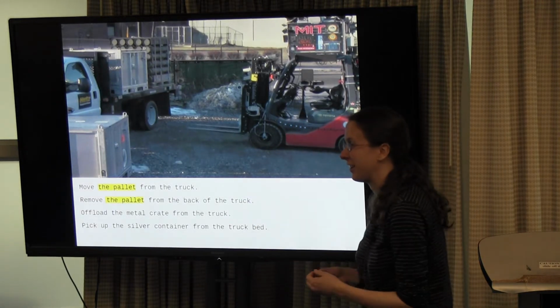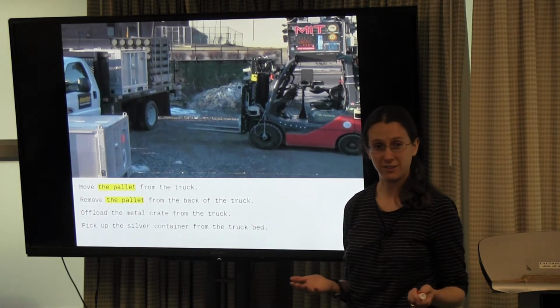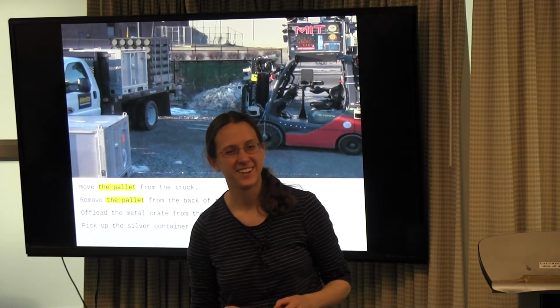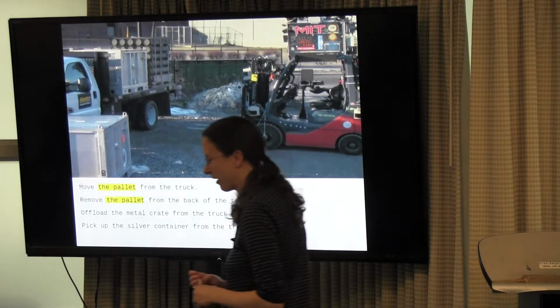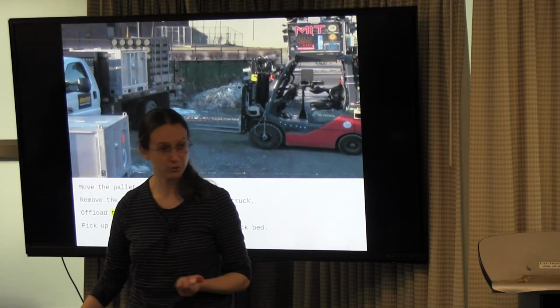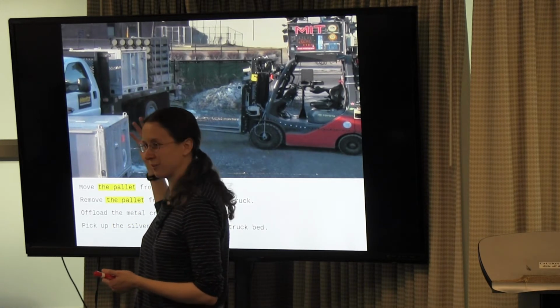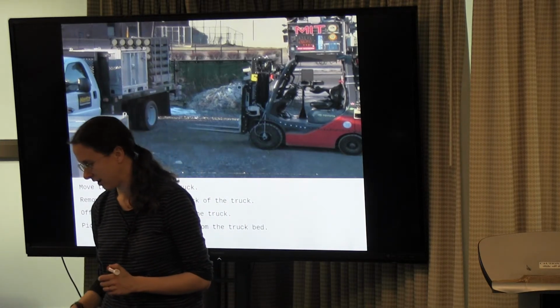It was only in our test set, and the robot got it wrong. It picked up the wrong pallet. So there are lots of reasons why this could go wrong, even if a person might be able to understand it. And besides that, even people sometimes can't understand a command; people skip those commands.